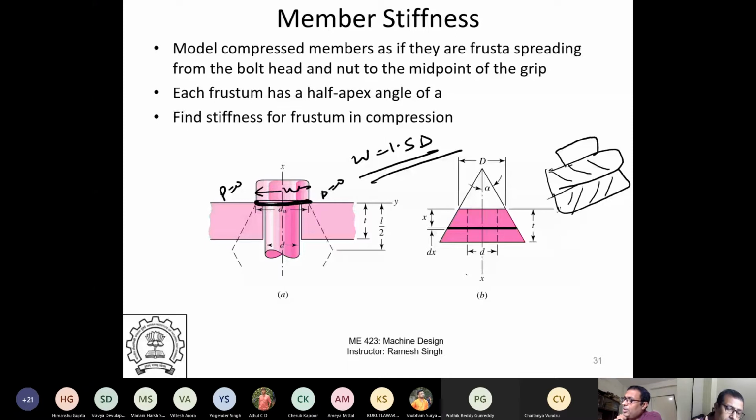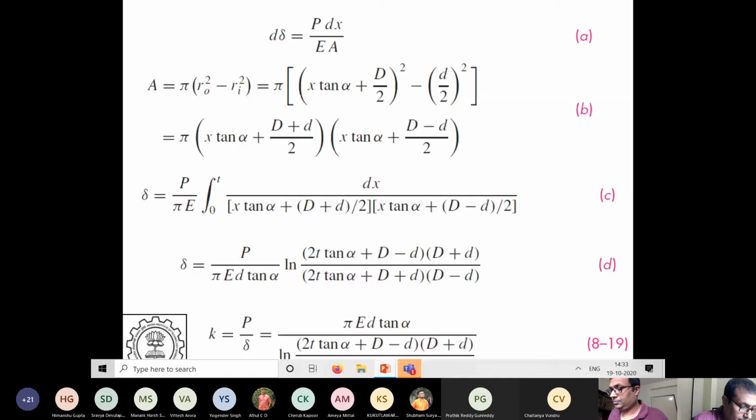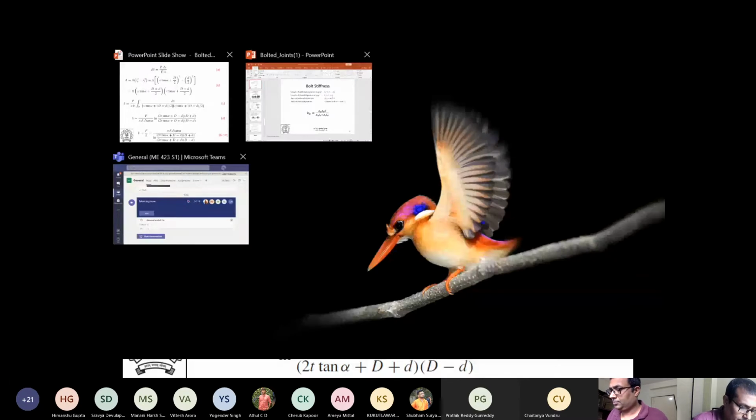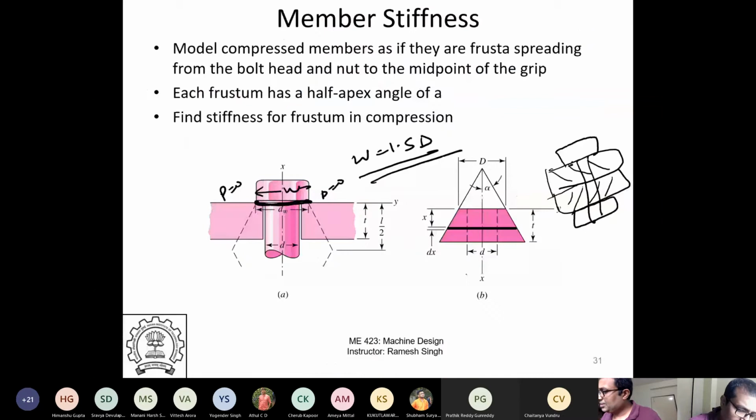I'm tightening with a bolt. Here there is a bolt head, and here there is a nut.